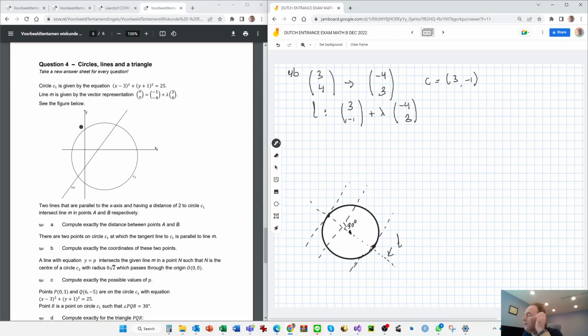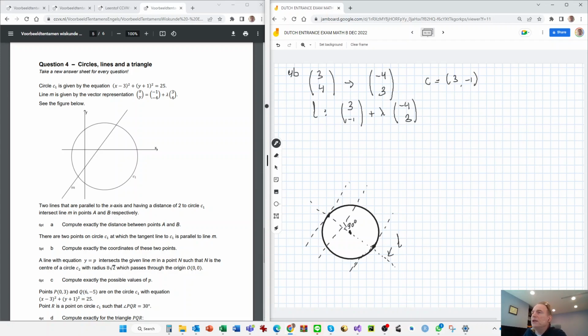Okay, and now we just need to intersect it with the circle, and we do this by substituting this in the expression of the circle. And obviously we should get two solutions.